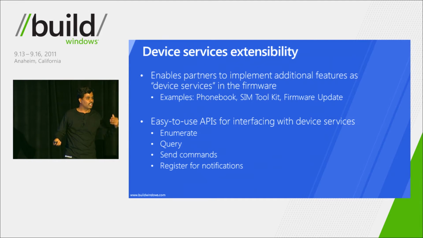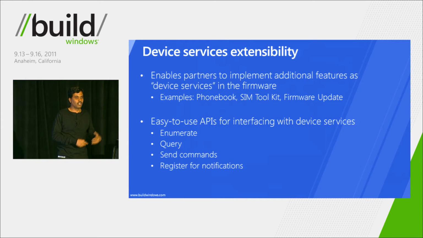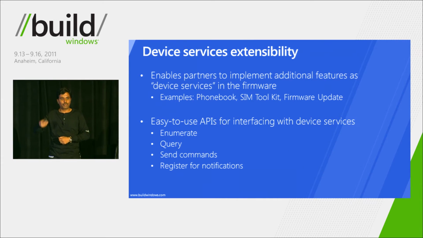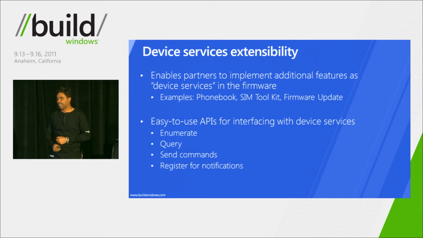Earlier, while giving the demo, Chris of Vodafone was mentioning the SIM toolkit. There are a number of operators who take advantage of the SIM toolkit functionality, and you can provide SIM toolkit as a device service extensibility functionality. And of course, the possibilities are endless in our opinion.